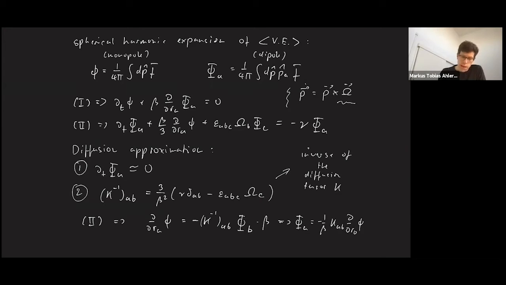Okay. And so finally, at the end of the day, we can now use this steady state solution of the dipole in terms of the gradient of the monopole, and insert this back into equation 1. So this was the time evolution of the monopole.